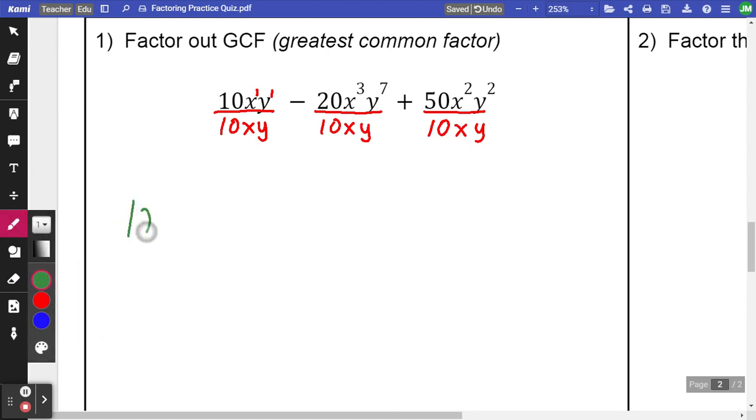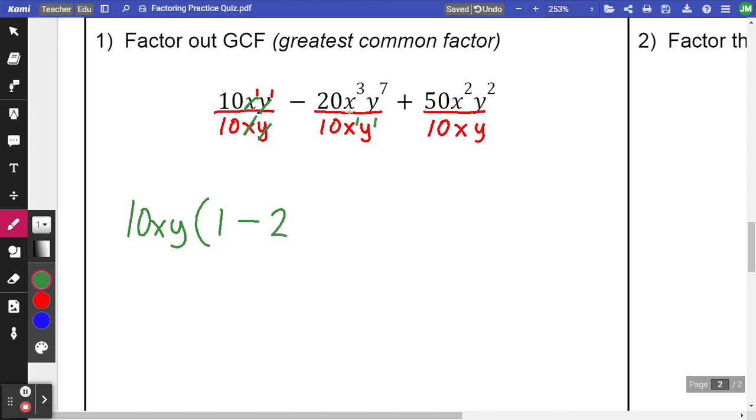Now if I place that on the outside and then simplify it term by term, 10 divided by 10 is just equal to 1, and then the x's are going to end up canceling, the y's are going to end up canceling, so that just leaves 1 for the first term, minus 20 divided by 10 is equal to 2, and now here is where I can subtract the exponents.